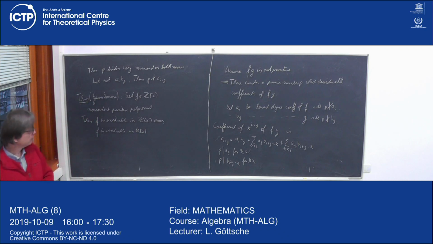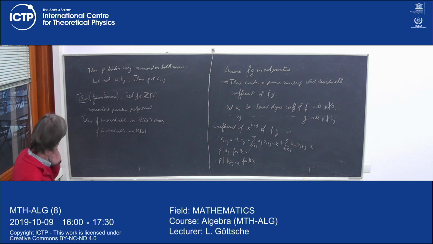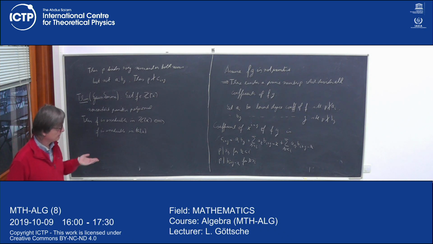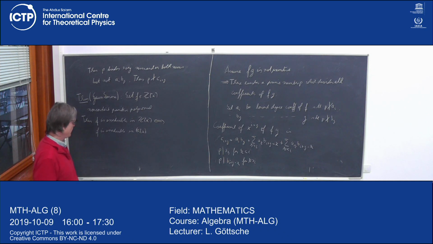And that's actually somewhat surprising because to be reducible means we can write it as a product of two things. And in Q[x] there are many more polynomials than there are in Z[x]. So it would seem much easier that the thing is reducible in Q[x] than in Z[x].